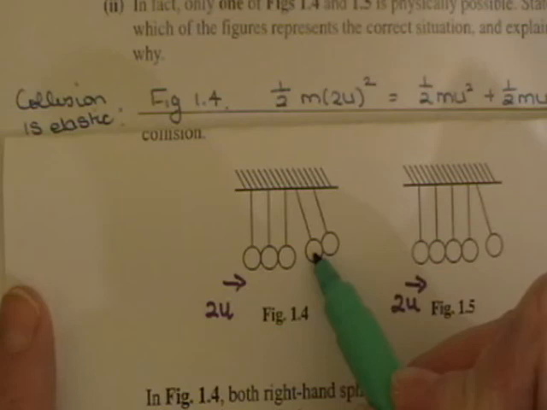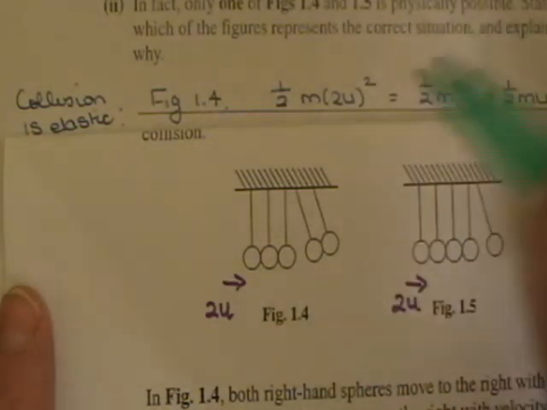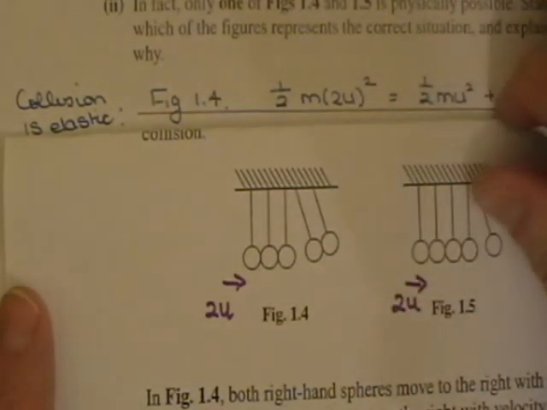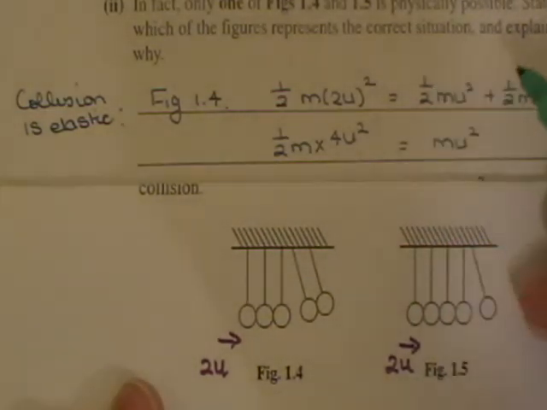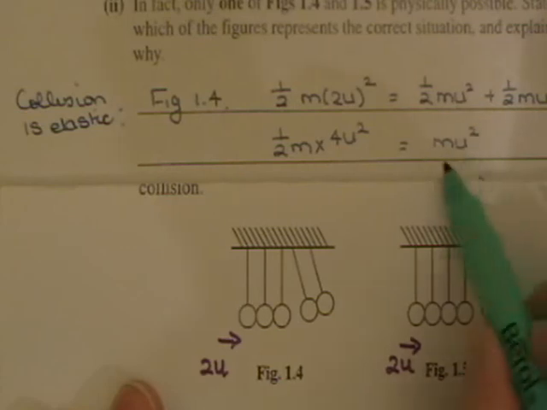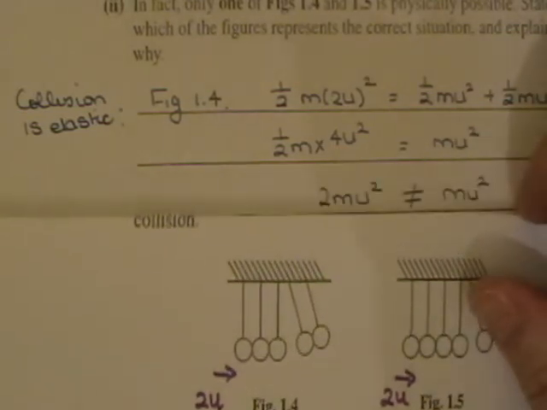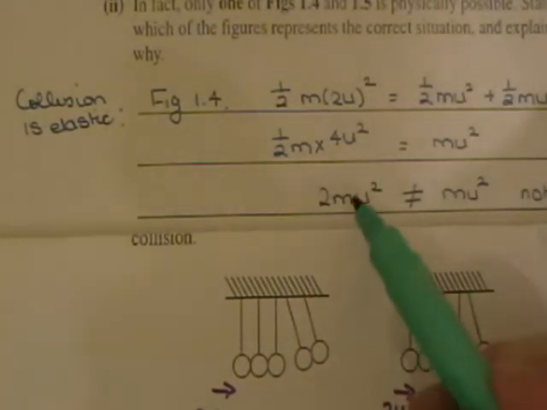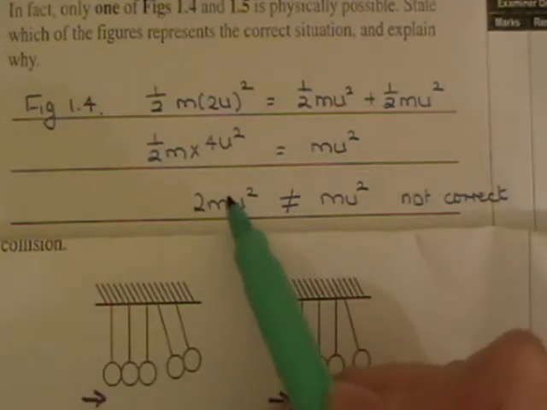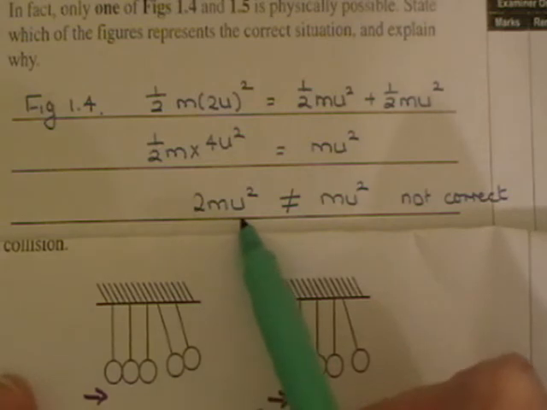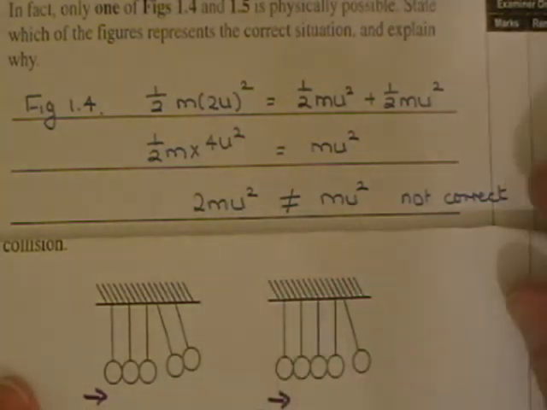So it's half mu squared plus half mu squared. Now when you square the 2u, you end up with 4u squared. So that's a half m times 4u squared, which is 2mu squared. When you add these two here, you end up with just mu squared. And you should already see that that isn't correct for our conservation of kinetic energy. 2mu squared is not equal to mu squared.